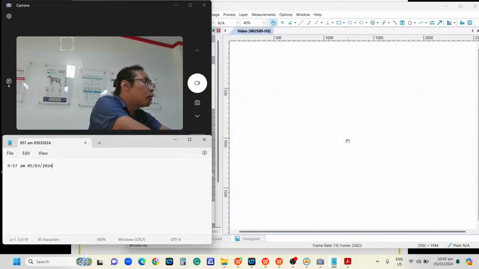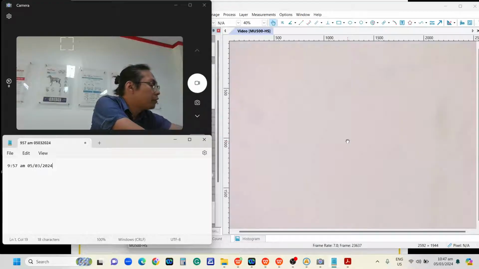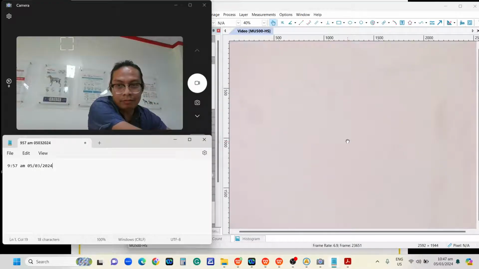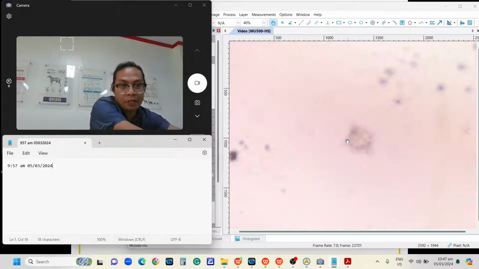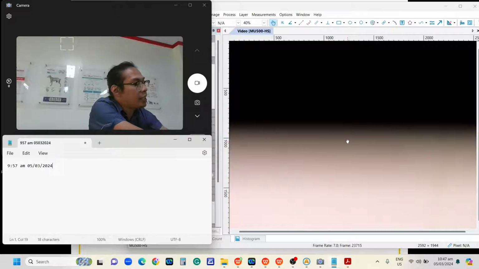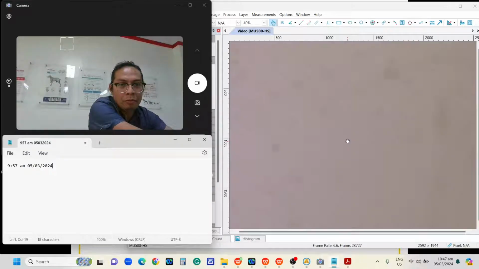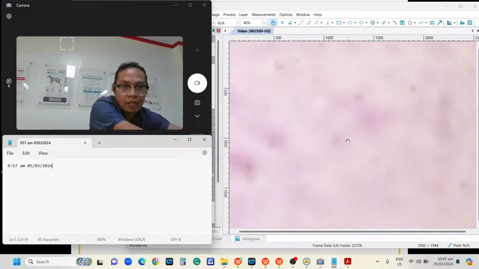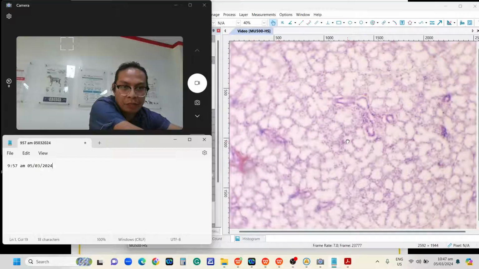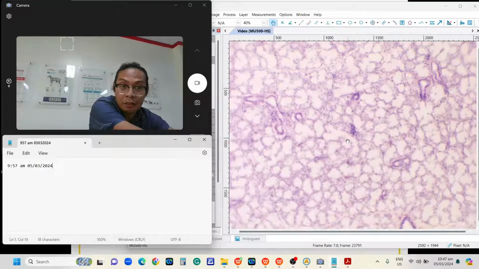Moving on now to the mixed adenomere. In mixed adenomeres, we see it as a combination of a mucoid adenomere or mucous adenomere and a serous adenomere.